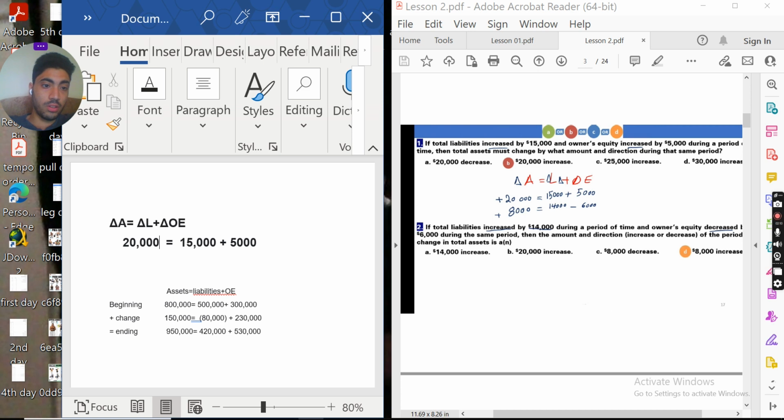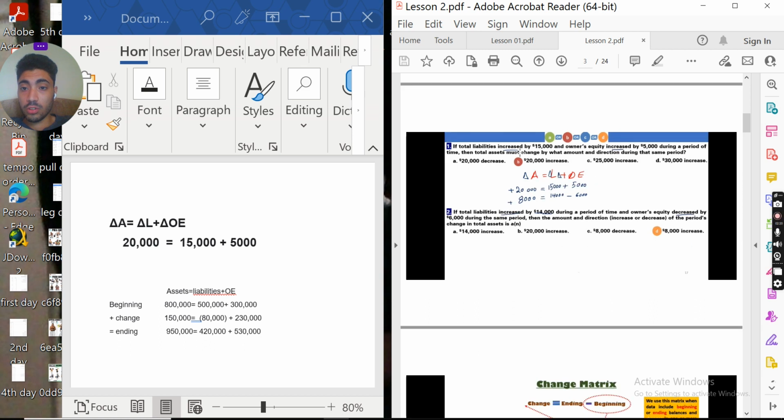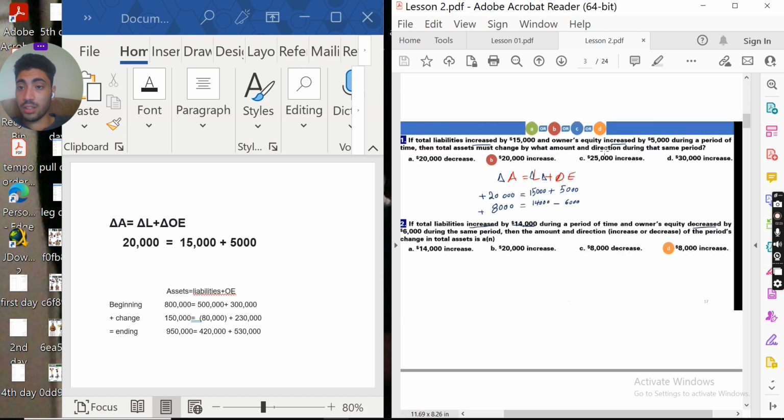So this means that we have increased the change in total assets by 20,000 during a period of time. Then total assets must change by what amount and direction during that same period? 20,000 decrease, 20,000 increase, 25,000 increase. Oh yeah, 20,000 increase.